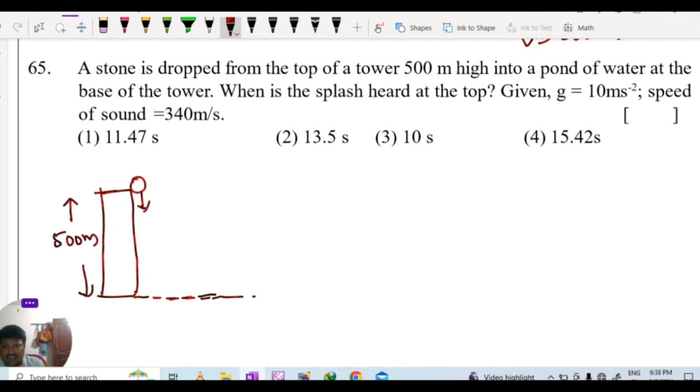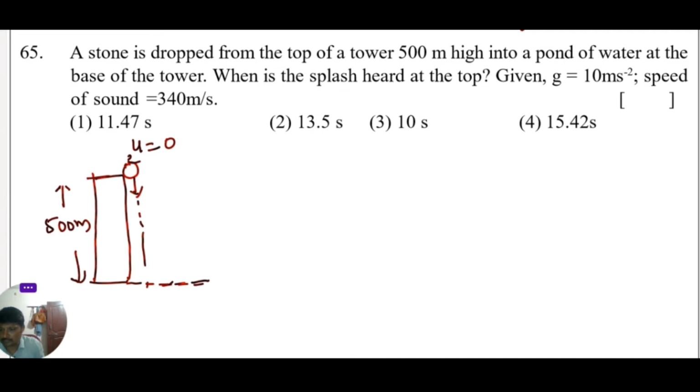When a stone is dropped, u is equal to 0. So when the stone strikes the surface of the water, this is the initial position and this is the final position.